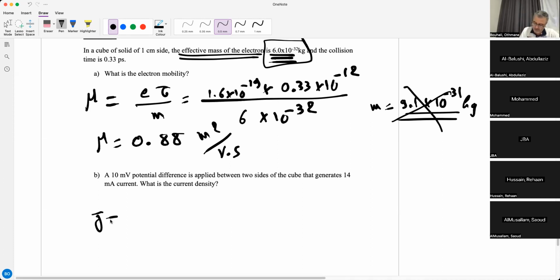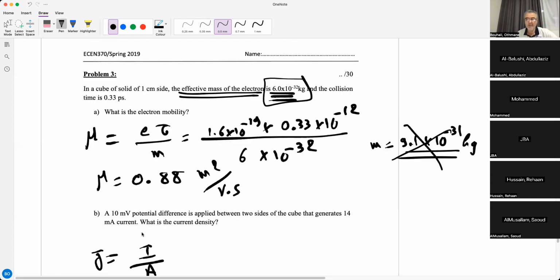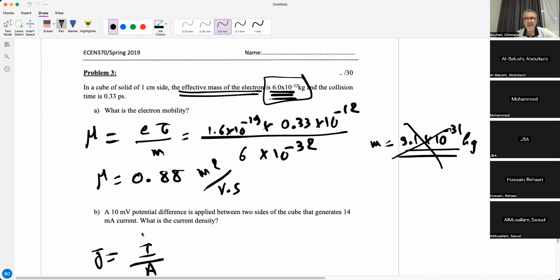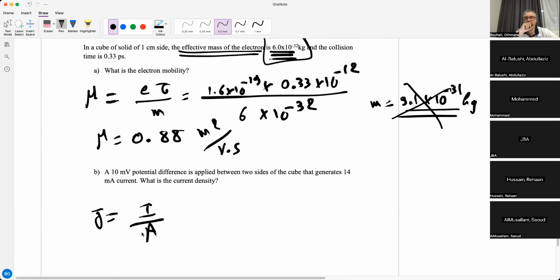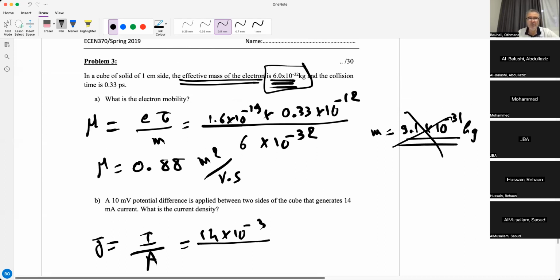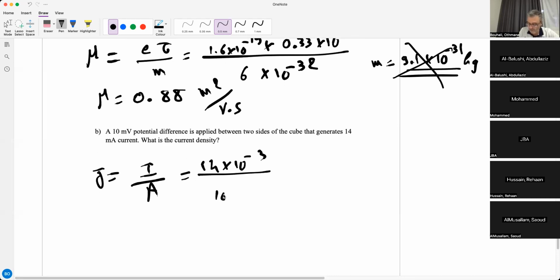Okay, so J is equal to I over A. And so you get 14 times 10 to the power of minus 3 divided by the area, and the area is the area of the cube. It's 1 centimeter, so 10 to the minus 2 times 10 to the minus 2. And this will give you your current density.